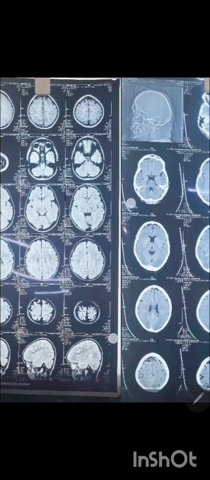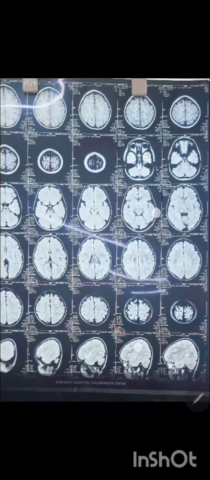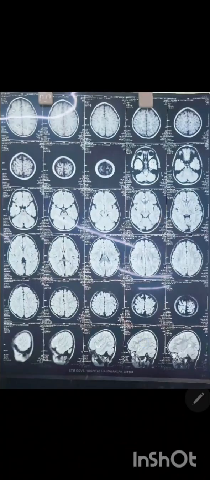And the MRI is especially used for the brain, the spinal cord, and muscles, ligaments, and other cartilaginous structures of different parts of the body.